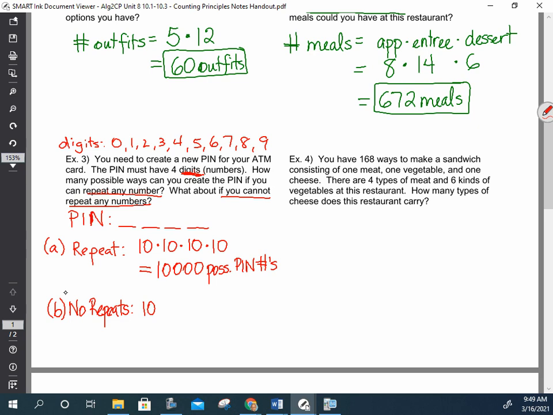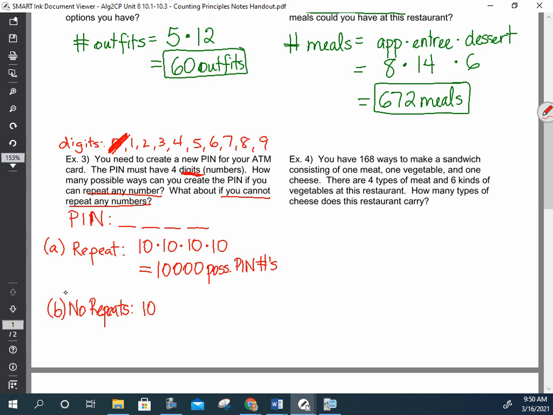So let's say that my first number was a 0. So I've used 0, that means I can't use it again. If I'm not repeating, then I can't use it again. So how many numbers do I have left? I have 9 numbers left.